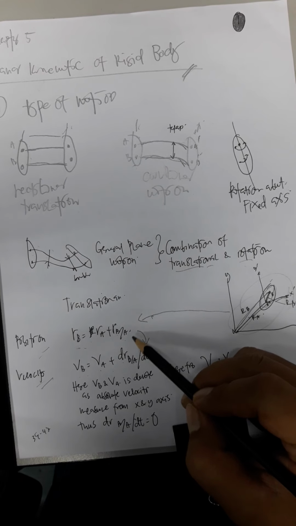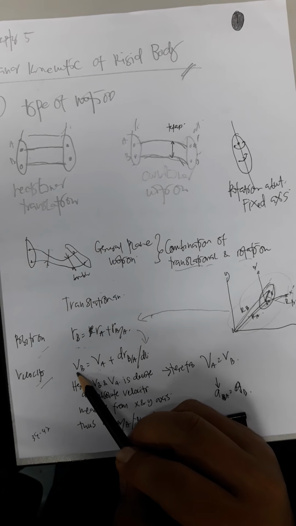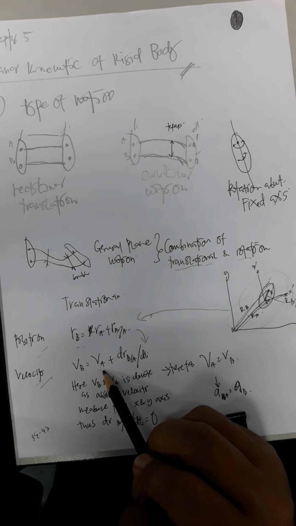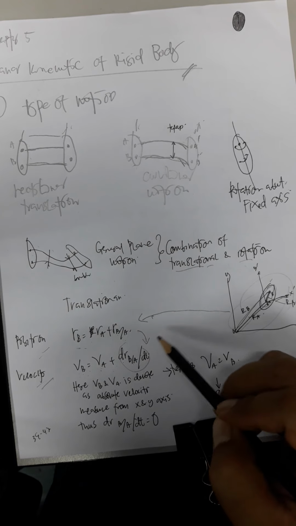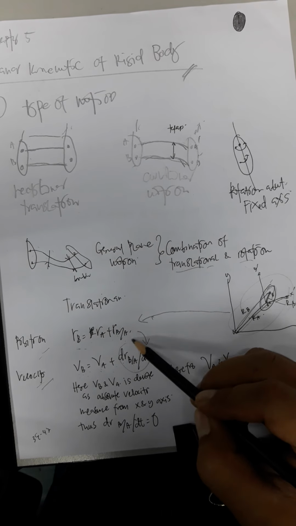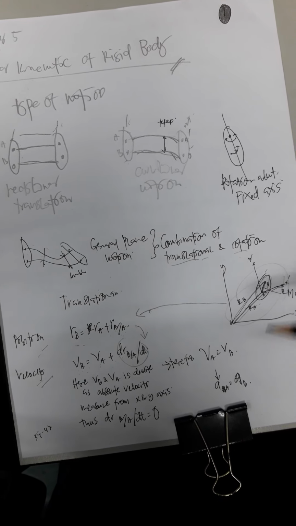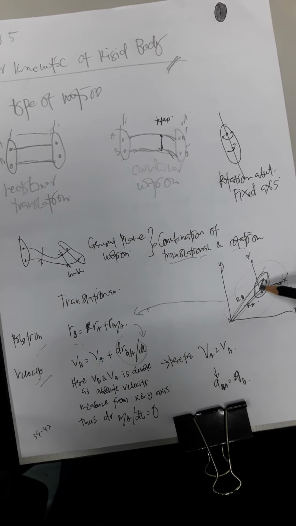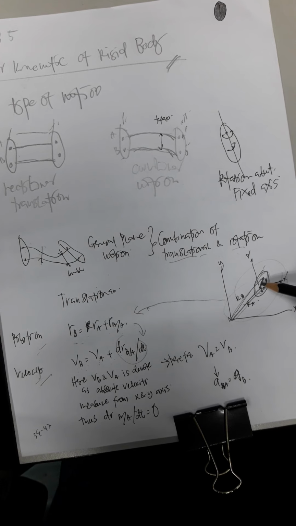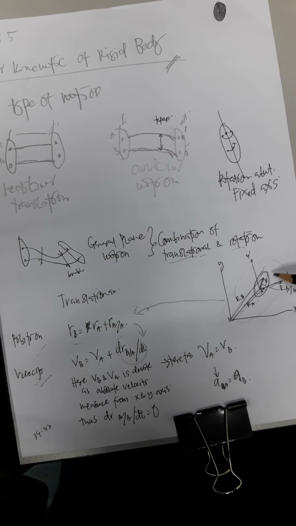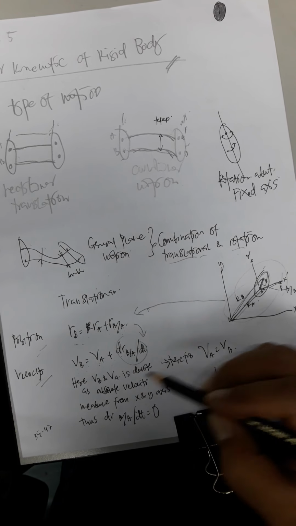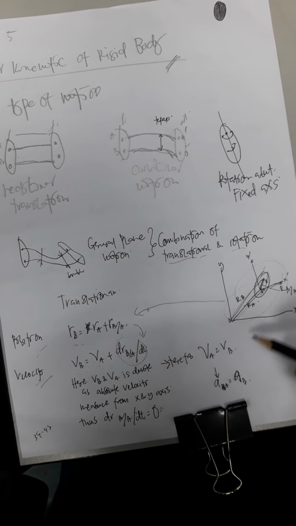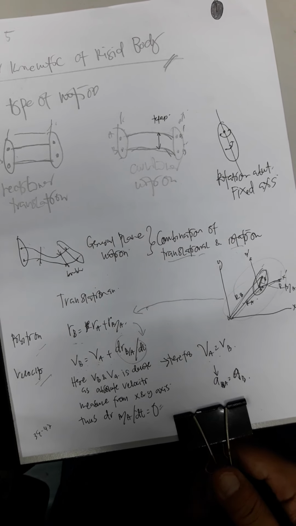And when we differentiate this equation, we can get the velocity, VB, the velocity of B, equal to the velocity of A plus d RB with respect to A over dt, meaning that this is the differentiation of RB with respect to A. Here, since the distance between A and B will not change if the ball moves, d RB with respect to A over dt is equal to 0, so VA equals VB.